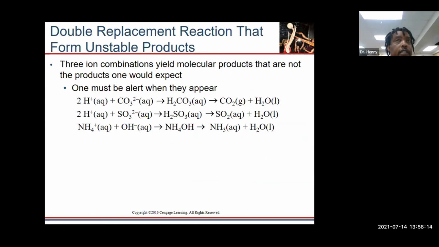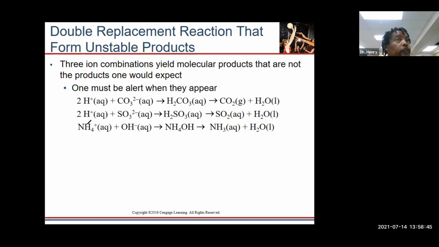For instance, carbonic acid is unstable if it's forming independently. If we're getting the H from one source and the carbonate ion from another source, when it comes together it forms carbonic acid, which almost instantaneously breaks down to carbon dioxide gas and liquid water.